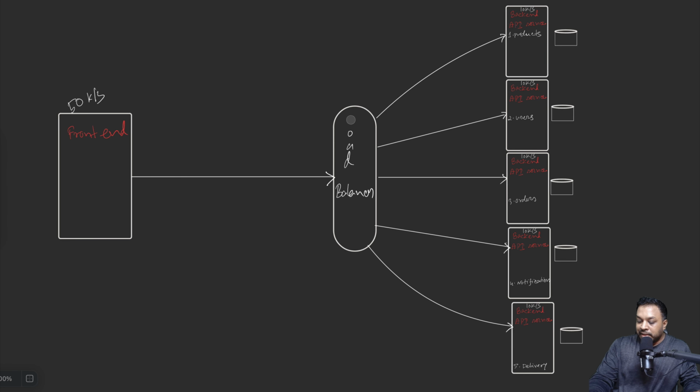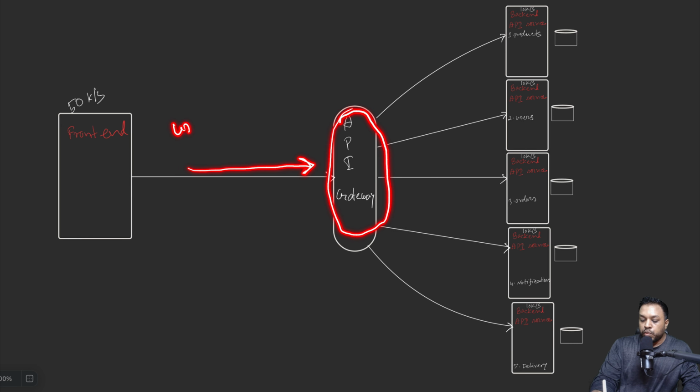So here we basically need an API gateway. So let's create an API gateway. Okay, so here we have the API gateway. Now, what this API gateway will do is look at the incoming request from the front end. The request will hold a URL, and the URL will be something like example.com/users/some resource.